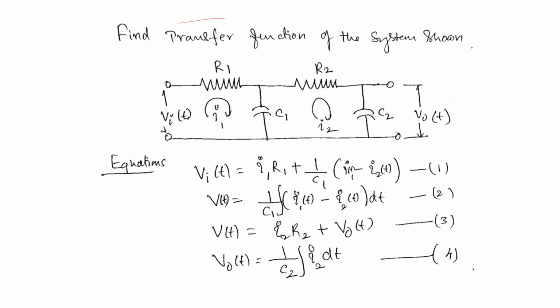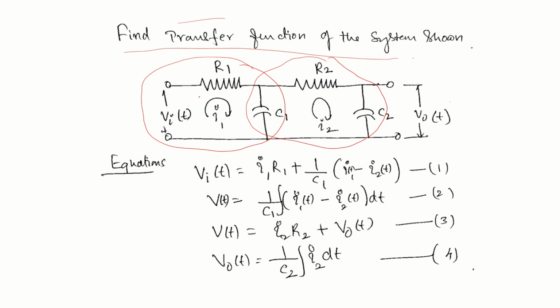Now here is a simple exercise. Find the transfer function for the system shown. I have given two LRC circuits, this one and this one, and I have given Vi as the input, V0 as the output. If you consider this part of the circuit, Vi is equal to I1 R1 plus 1 by C1 integral of I1 dt.